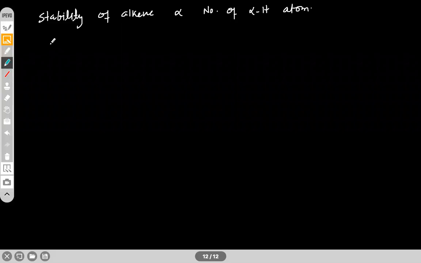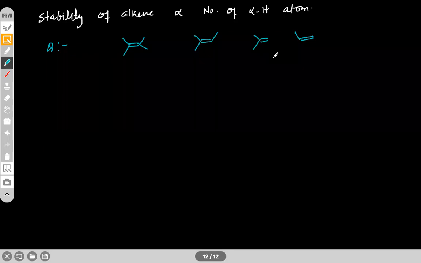For example, if I ask you the stability order for this molecule, this molecule, this molecule, and this molecule, these 4 compounds, you have to compare the stability of the alkenes. More alpha hydrogens means more hyperconjugative structures we can draw, and hence the stability will be more. So calculate the alpha hydrogens for each molecule and find the order.